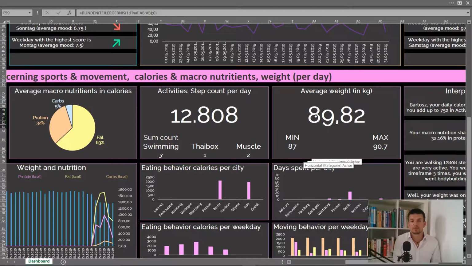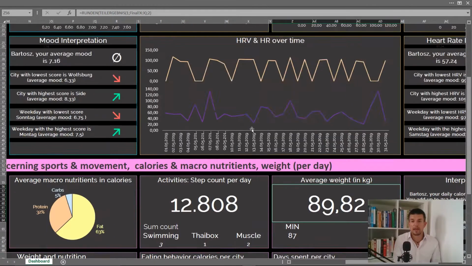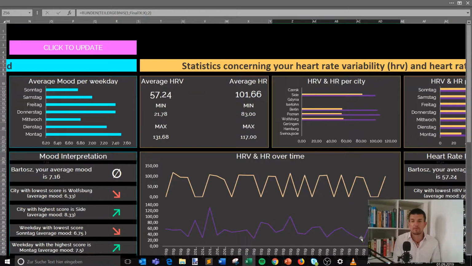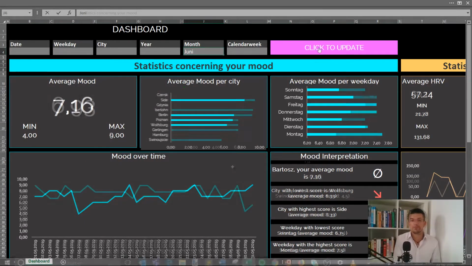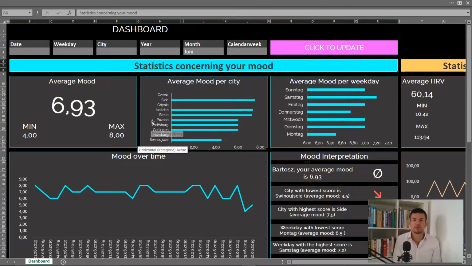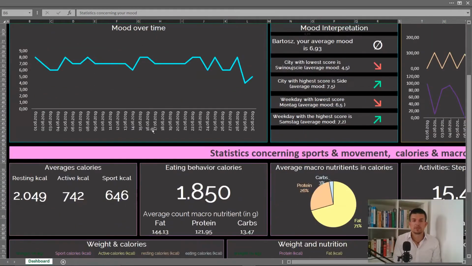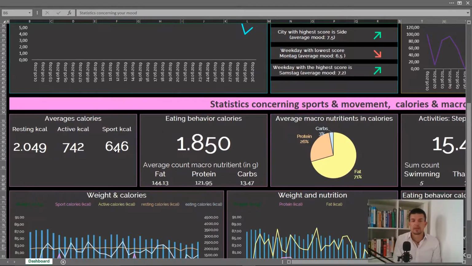What we can't see right now in May is that my average weight did not decrease very much, but if we go one step further, one month, so if we zoom into June, what we see is that sports calories are still high, and eating behavior is around 1850, so it decreased by about 200 calories.